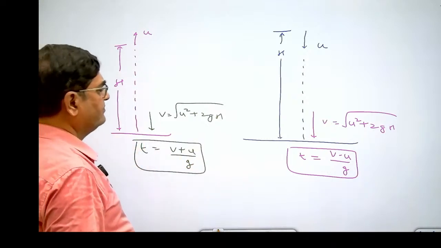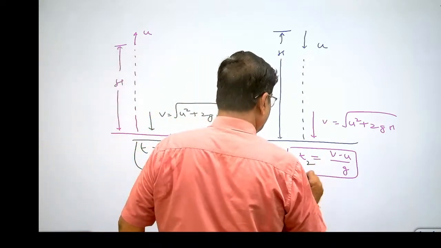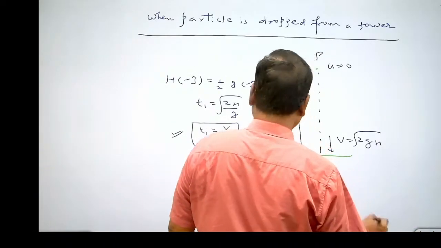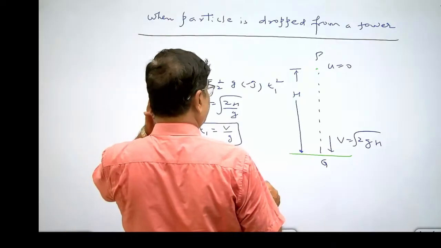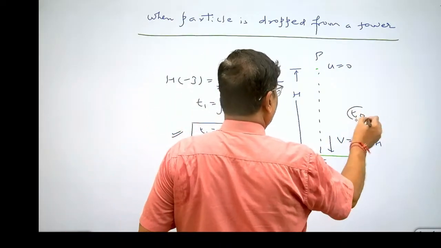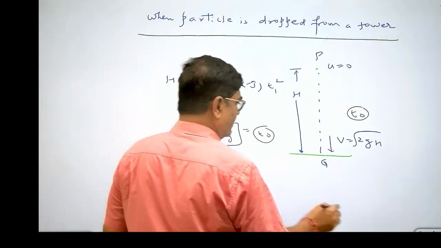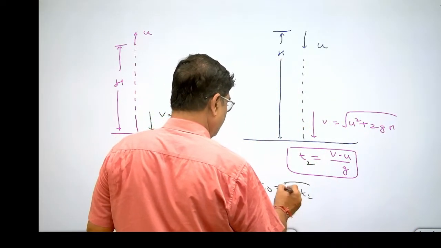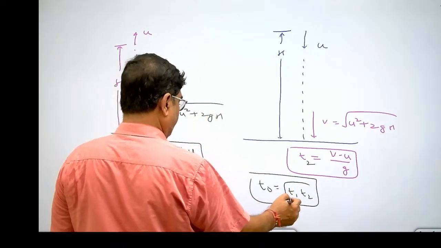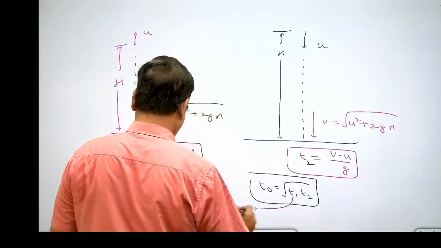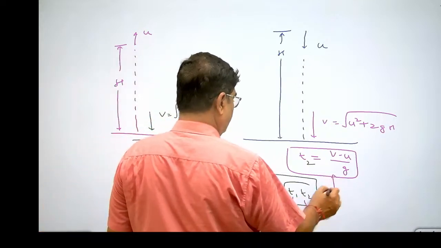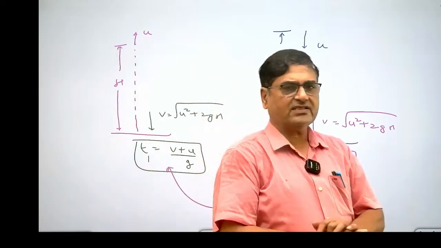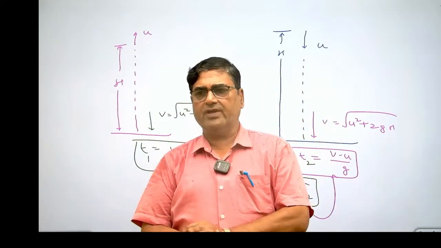So dear student, let us call this time t2, this time t1, and let us assume this time as t0. The general relation you can also prove. This is t1 and this is t2, and t0 was under root 2h upon g. So dear student, in the next lecture we will see many problems and many important results. Thank you.